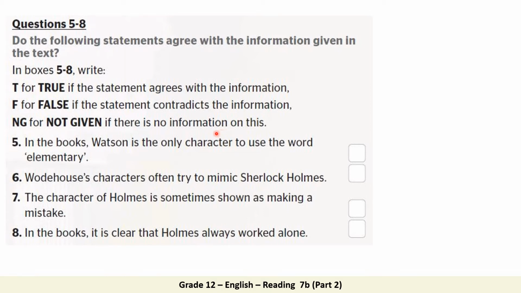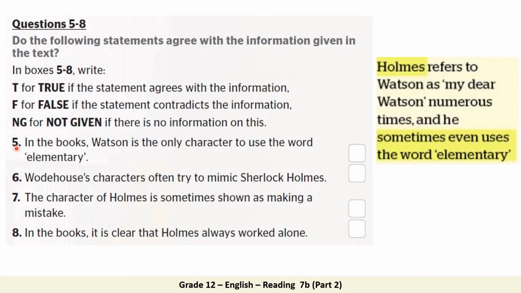Let's do question 5 as an example. In the books, Watson is the only character to use the word elementary. This part is where we have the word elementary in the text. Let's go through it. Holmes refers to Watson as my dear Watson numerous times, and he sometimes even uses the word elementary.